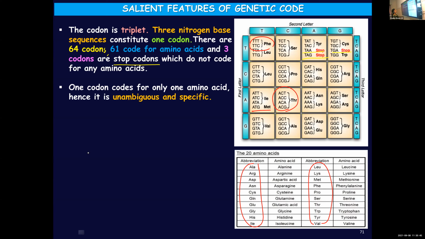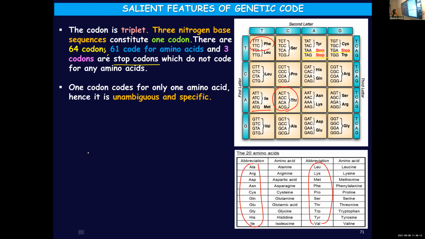These are the features of the genetic code. First point, the codon is a triplet, formed by 3 nitrogen bases. There are a total of 64 codons, out of which 3 are stop codons. They do not code for any amino acid, whereas 61 code for different amino acids.